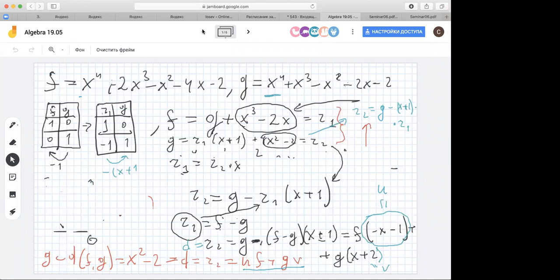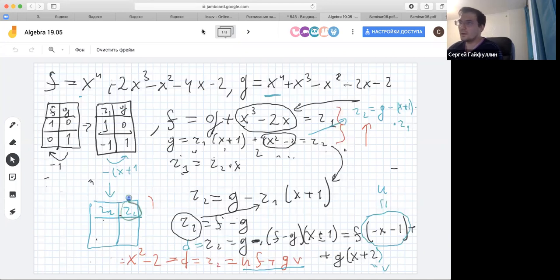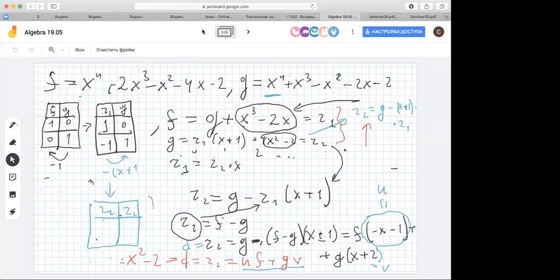Shouldn't it be plus x plus 1? No, minus. We want to obtain R2 here. So to obtain R2 here, we know that R2 equals to G minus x plus 1 times R1.